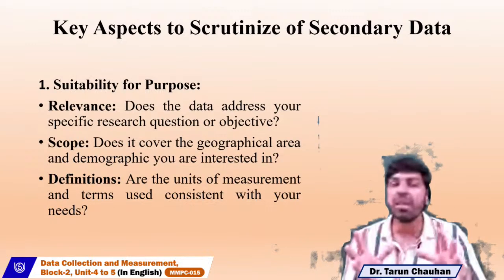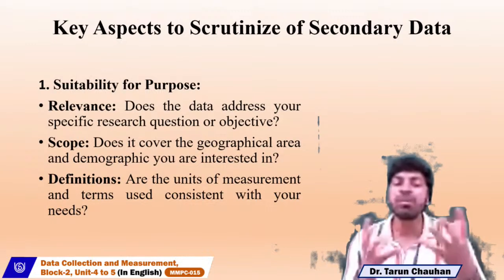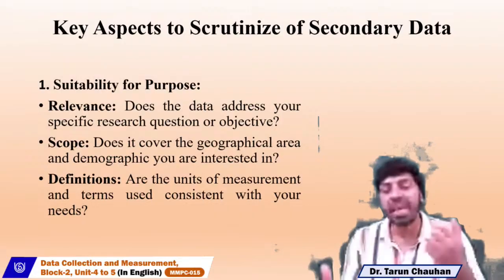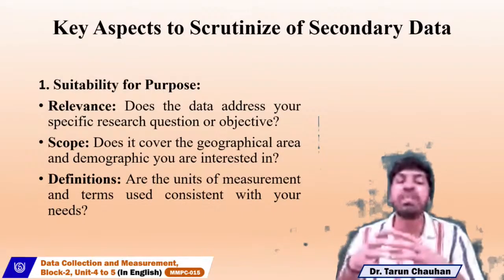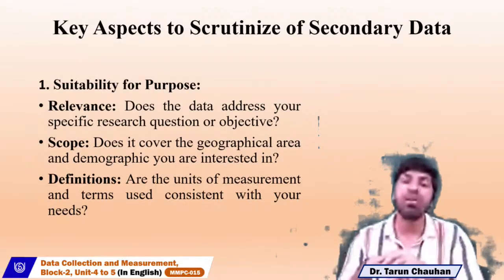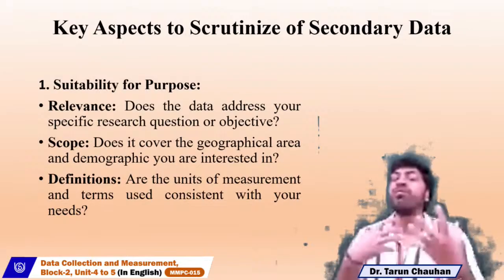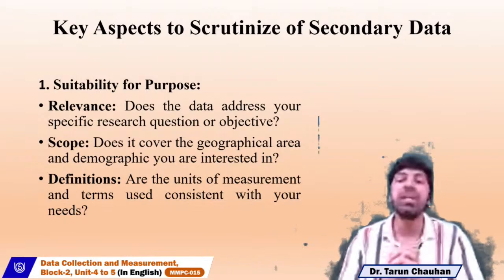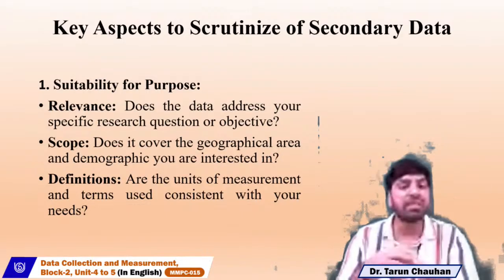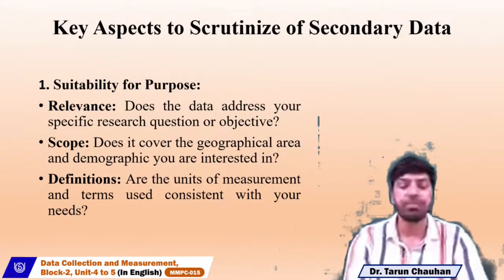This is suitability, whether it is relevant to the aims and objectives of the study. This is something researchers could scrutinize in secondary data which has already been collected by other researchers.